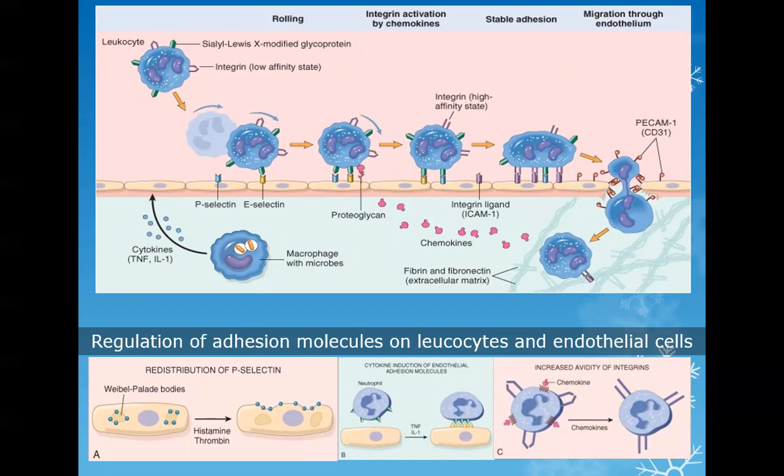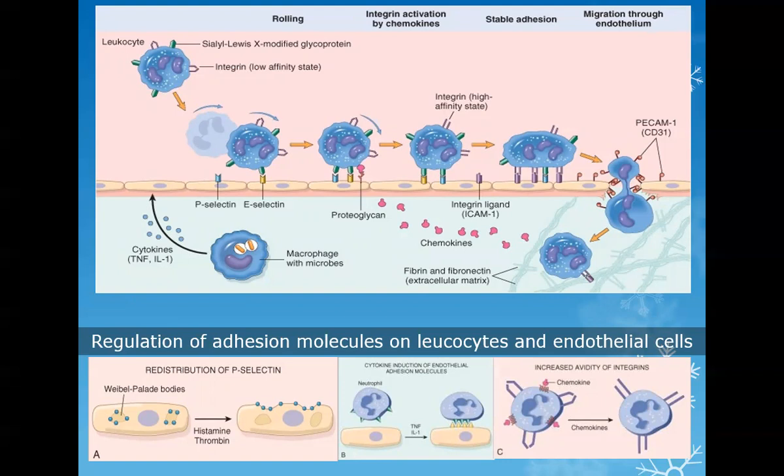In endothelial cells, we have P-selectin, E-selectin, means platelet selectin, endothelial selectin, plus we have ICAM, intercellular adhesion molecules. Now for P-selectin and E-selectin, the ligand is sialyl Lewis.